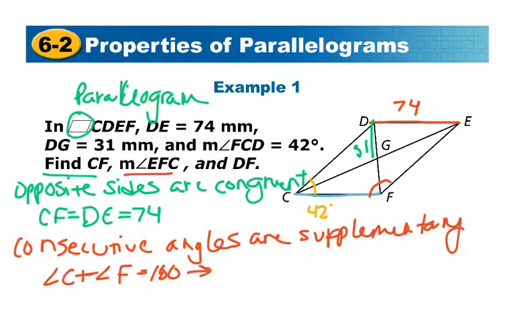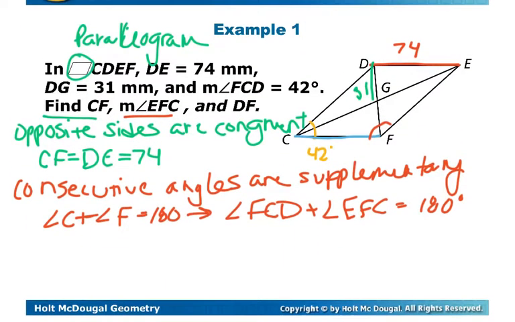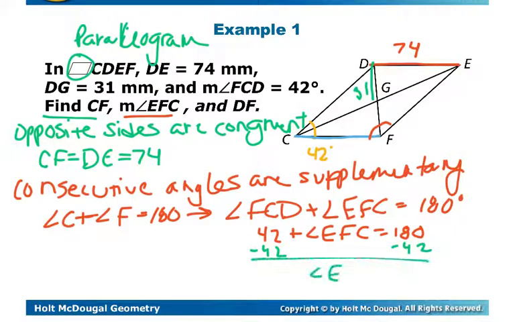Of course, angle C is angle FCD, and so that's going to be added to angle EFC to be 180. But FCD is 42 degrees, and so we need to take away the 42. And so we get that angle EFC is 138 degrees.